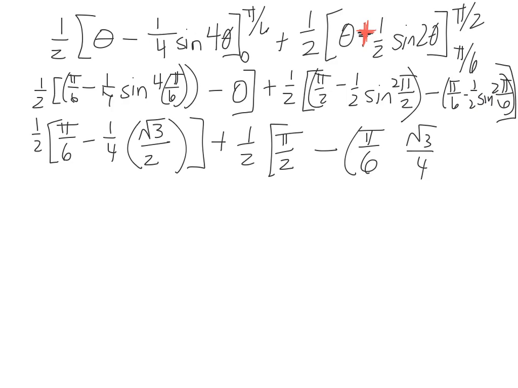So this should have been a plus here and here, which doesn't affect the pi over 2 part of it, but then minus pi over 6, it should have been plus 3 pi, square root of 3, over 4.